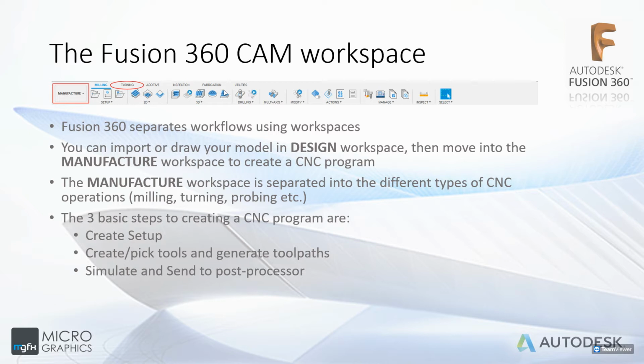So in that particular setup, you need to generate toolpaths which the tool that you're using will go in and cut and clear all the excess material away. And lastly, once you have all the material cleared away and you're happy with the finished product, you can simulate and send to the post processor, which will generate your G code for you.